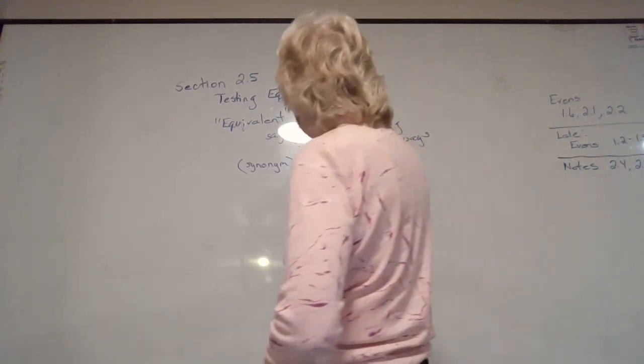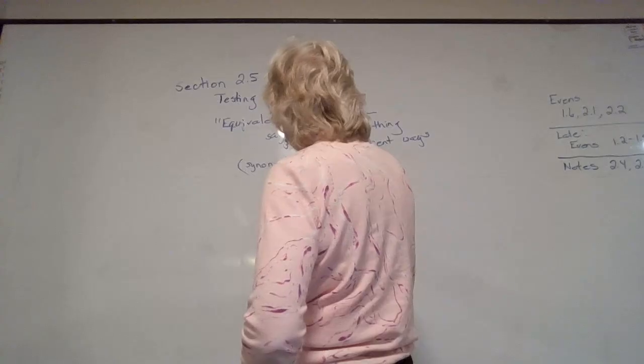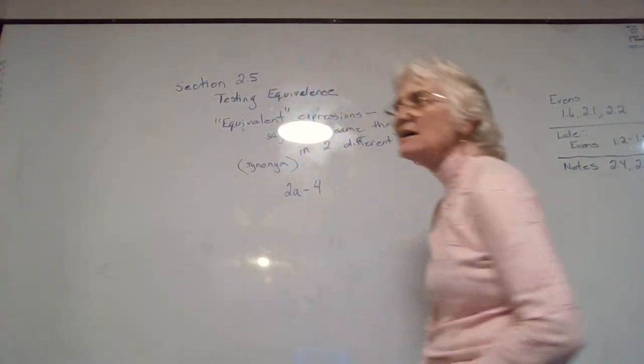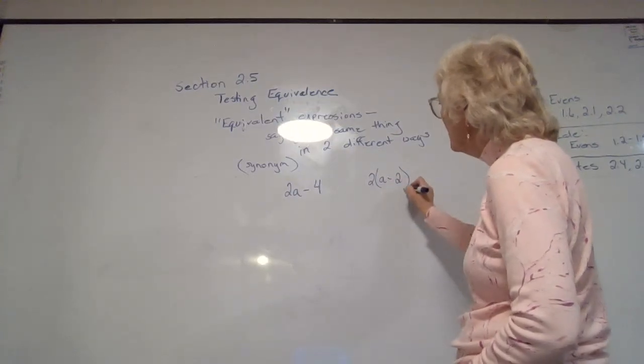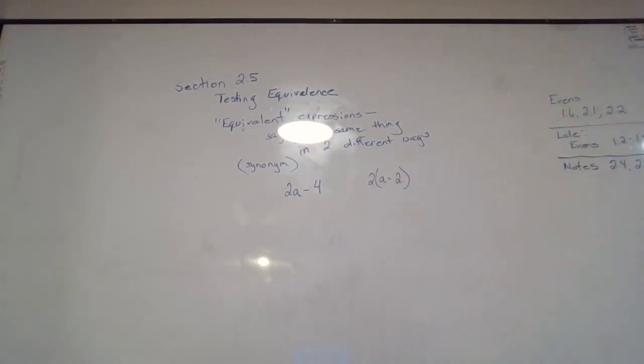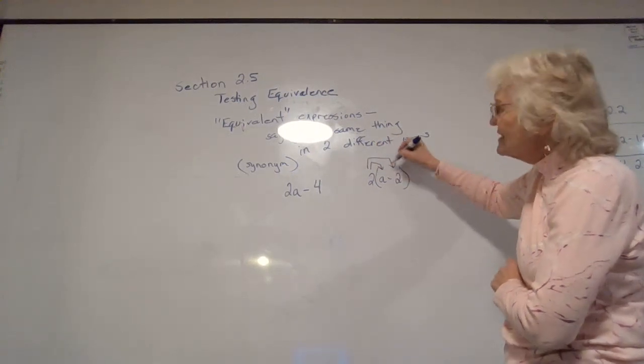So if I say 2a minus 4, or I have 2 times a minus 2, are they equivalent? Now, using our distributive property, can we tell if they're equivalent? Yes, we could work it out using our distributive property. We could distribute this and see if we get that.